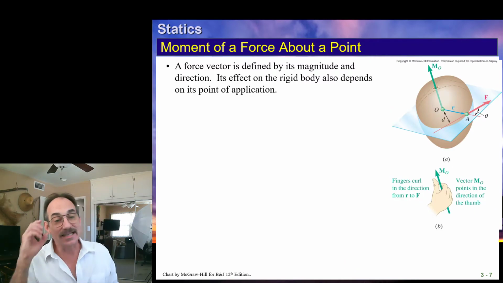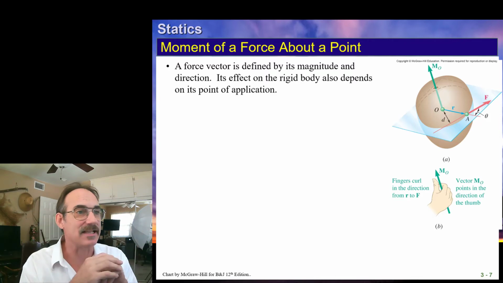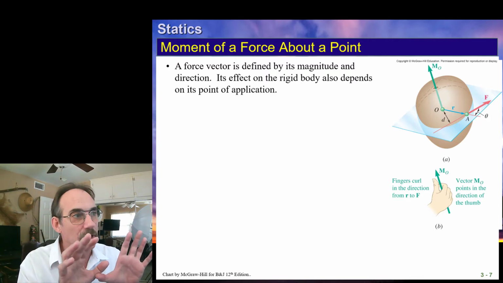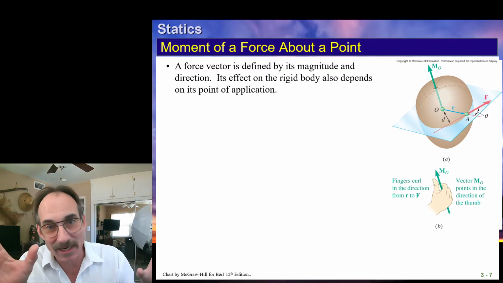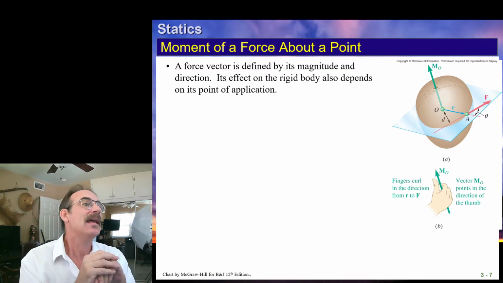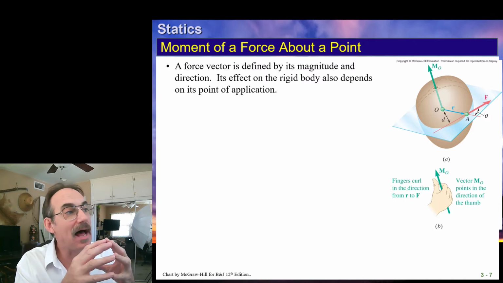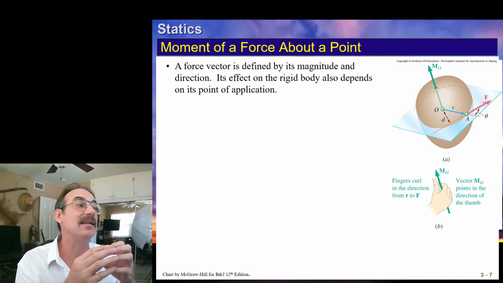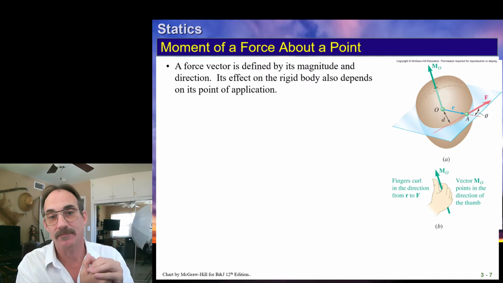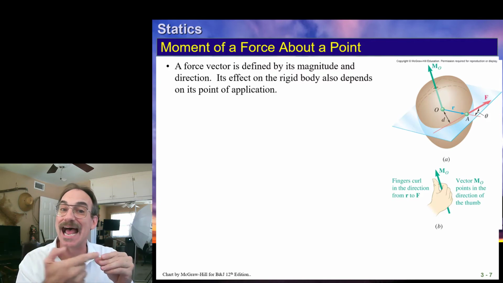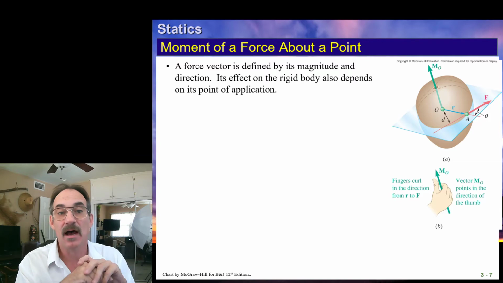All right, let's get back to how this applies to statics then. A force vector is defined by its magnitude and direction. We already know that. However, its effect on the rigid body is affected by its point of application. Now, we already said we could slide that vector along its line of action without changing the equilibrium of the thing.